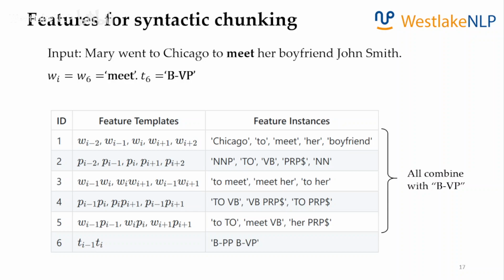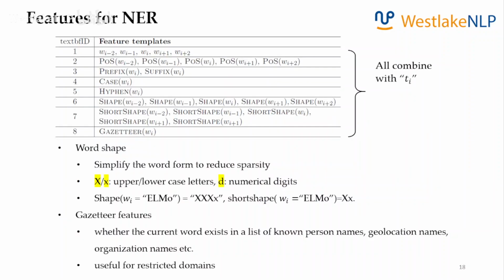Next, I show you some feature templates for named entity recognition. They consist of words and part of speech patterns, of course. And they also have some categorical patterns, such as whether the current word is from a named entity lexicon. And they also have word spelling patterns. For example, you can generalize every word into capital letter, lower letter compositions.